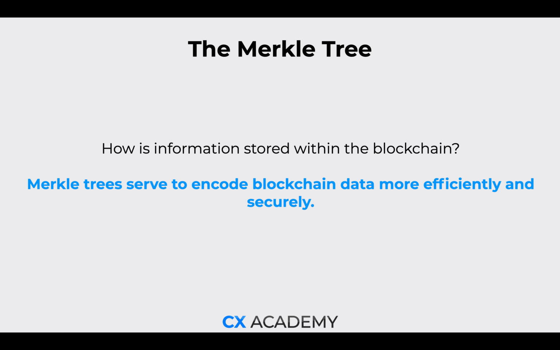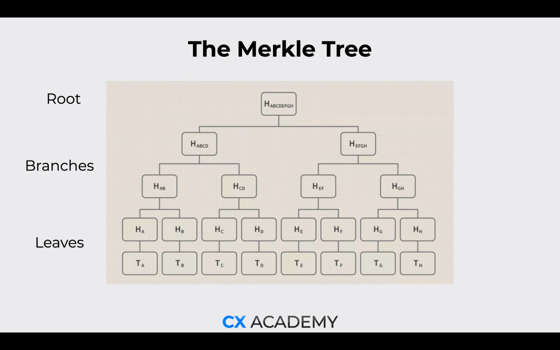Now then, the Merkle tree. So how is information and transactions stored within the blockchain? Merkle trees serve to encode blockchain data more efficiently and securely. So as we can see, we have the, essentially, appropriately called leaves, branches, and the roots.